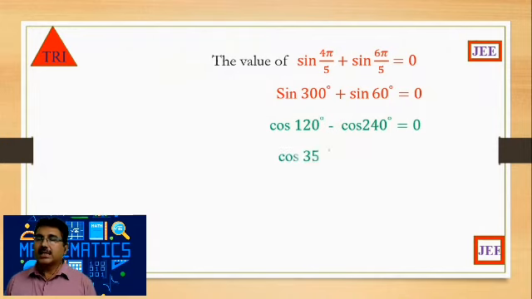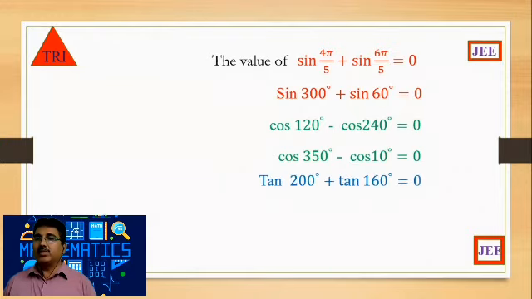Similarly, cos 350 degrees minus cos 10 degrees is equal to 0. What is the value of tan A plus tan B, where A is equal to 200 degrees, right?